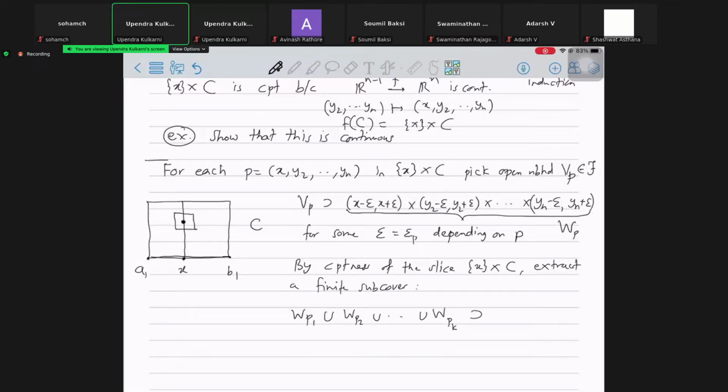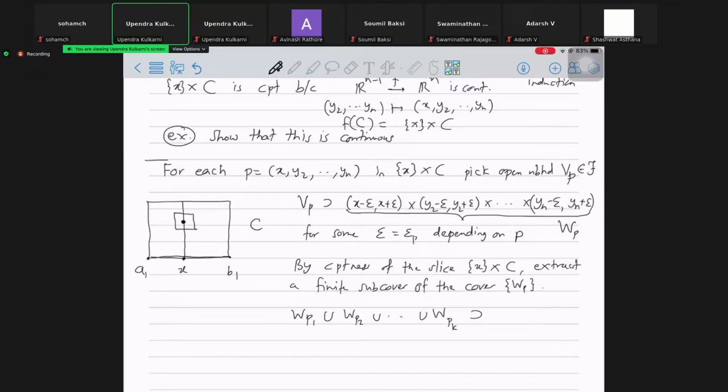But you see, a finite subcover of the cover W_P.